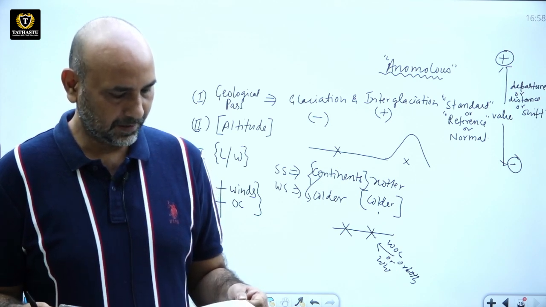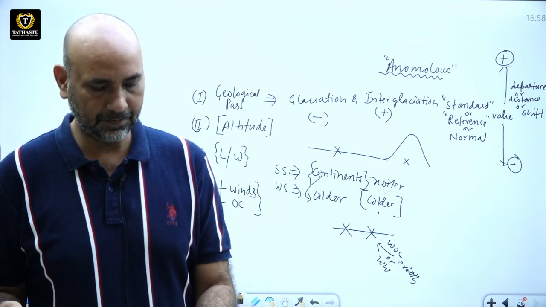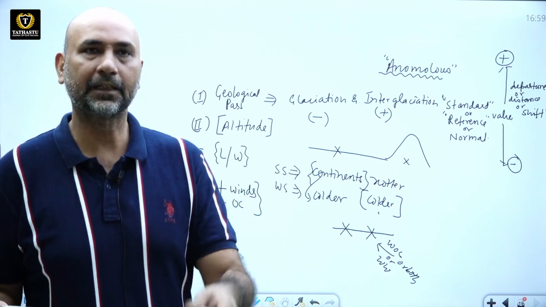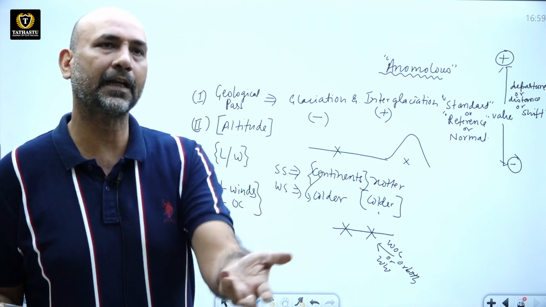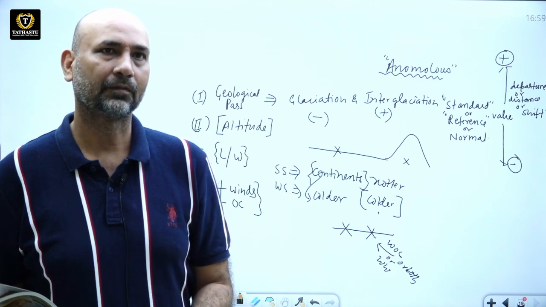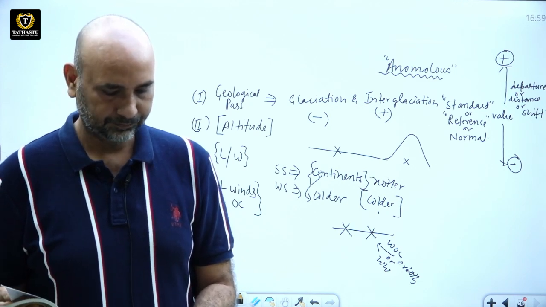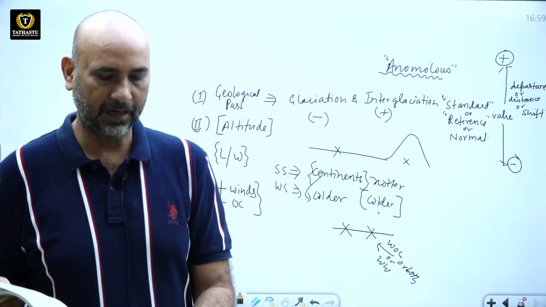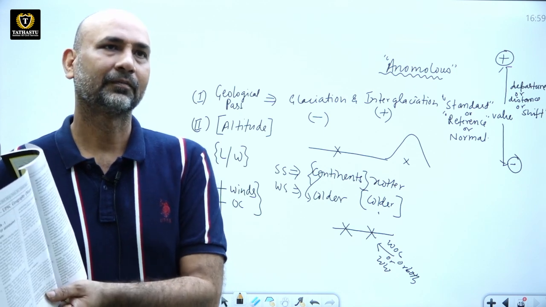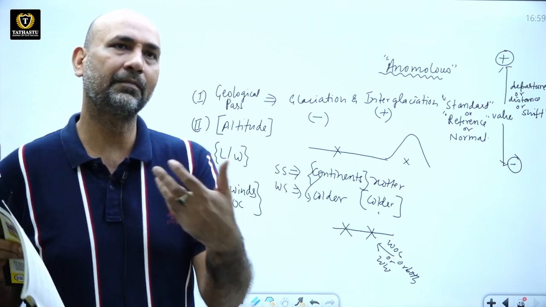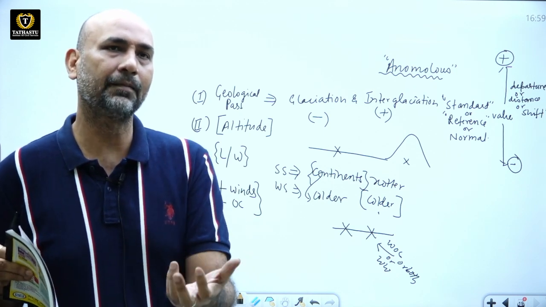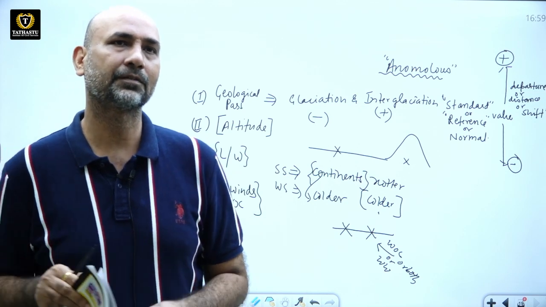The syllabus says temperature and pressure belts of the world, heat budget of the earth. Pressure belts and winds are the next topic. Temperature and heat budget of the world, that is what is given in the syllabus. That is why I am covering the syllabus with the PYQs.